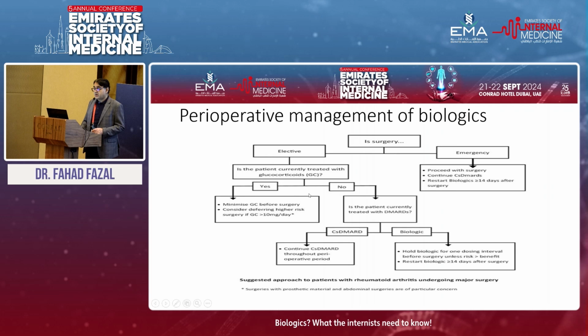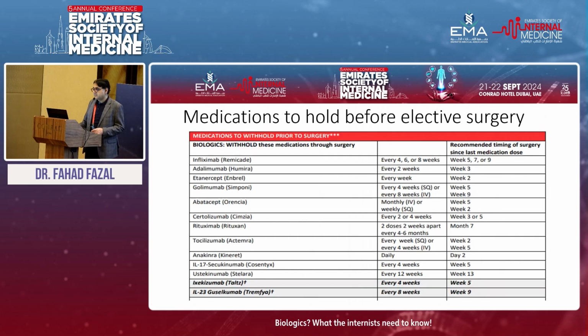However, for patients who are going to have an elective surgery, if they are currently treated with steroids, minimize their steroid dose to less than 10 milligrams. Conventional DMARDs such as methotrexate can be continued. For biologic DMARDs, again, you have to stop them for 1 dosing interval before the elective surgery, and you can restart them 2 weeks after the surgery.